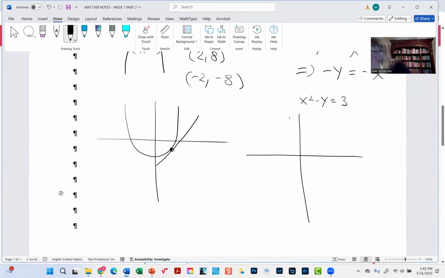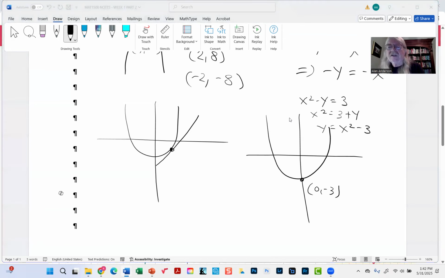Now, the way they've written it, we could rewrite this as y equals x squared minus 3, and then we know exactly what it should look like from before. We know that it's facing up because the coefficient of x squared is positive, and we know that the vertical intercept is the point (0, -3).